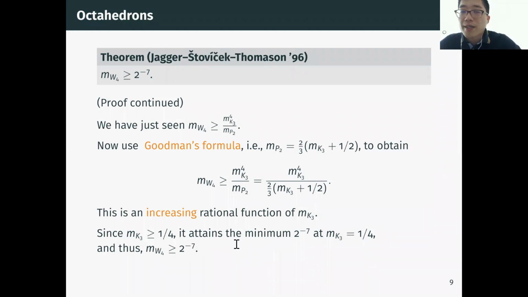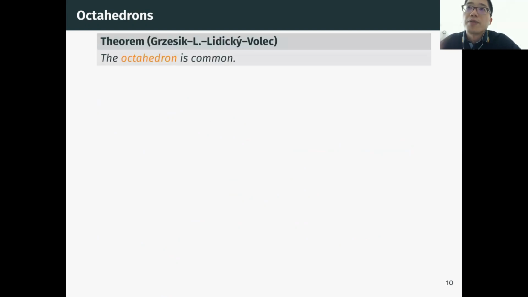This is exactly the way Jagger, Šťovíček, and Thomason proved that the four-wheel, or more generally, any even wheels are common. Okay, so this is the proof, and let's prove this theorem of ours.